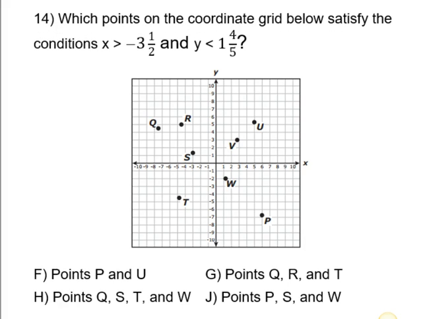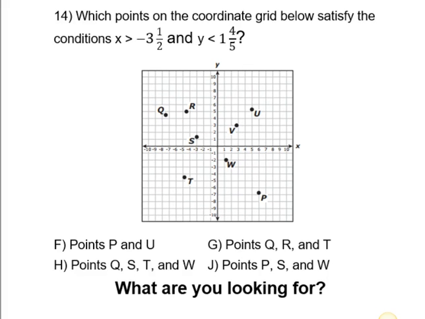Which points on the coordinate grid below satisfy the conditions x is greater than -3/2 and y is less than 1 4/5? F, points P and U. G, points Q, R, and T. H, points Q, S, T, and W. J, points P, S, and W. What are we looking for?